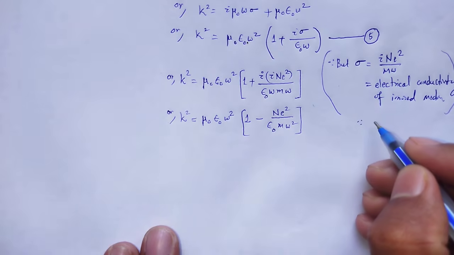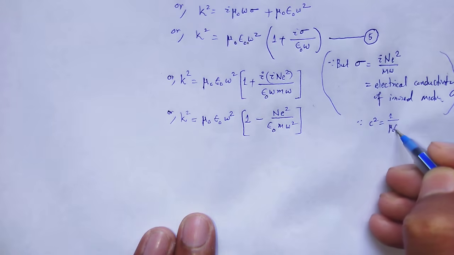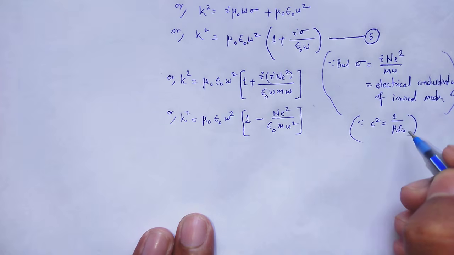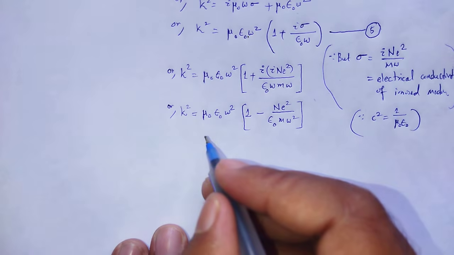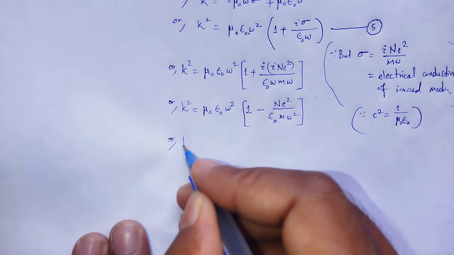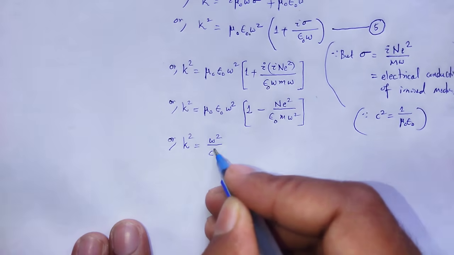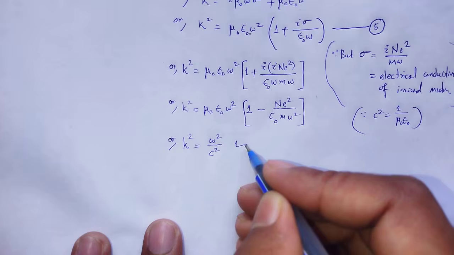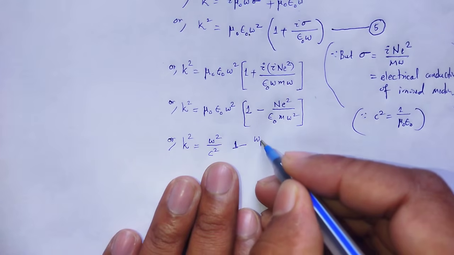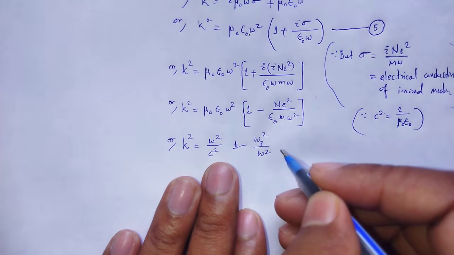Here we can use the relation c square is equal to 1 by mu naught epsilon naught, as c is equal to 1 by under root of mu naught epsilon naught. Simply using that relation, we have k square is equal to omega square divided by c square into 1 minus, again a substitution is used, omega p square divided by omega square.